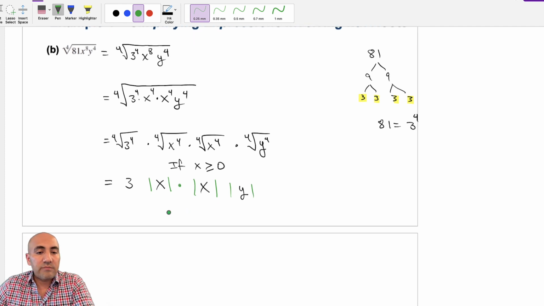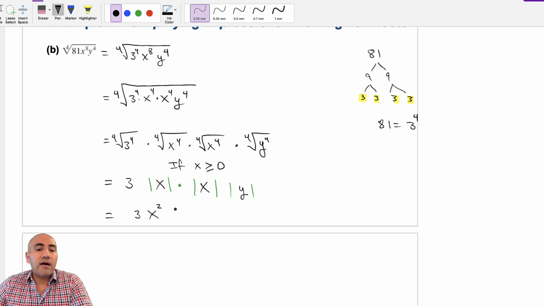So this can be simplified as x to the second power. So this is equal to 3x to the second power, right? I no longer have to deal with the absolute values because there's two of them, and I know that this is going to make it positive anyway.